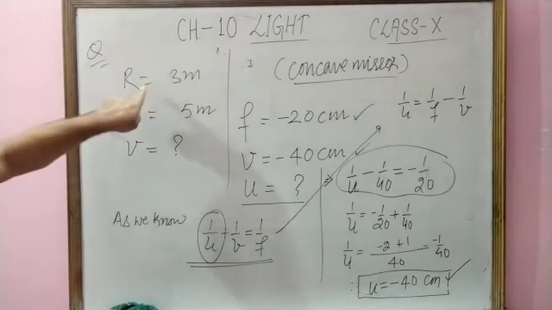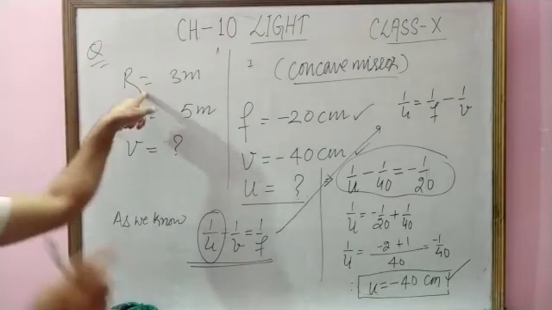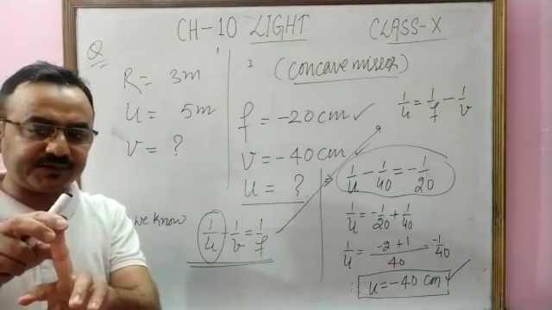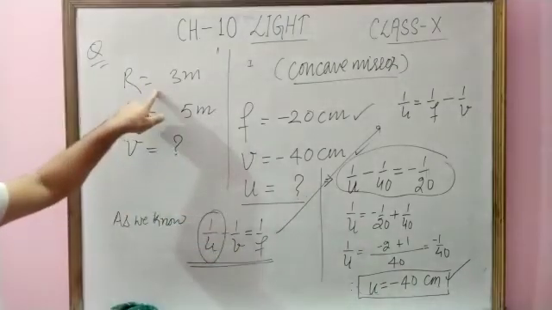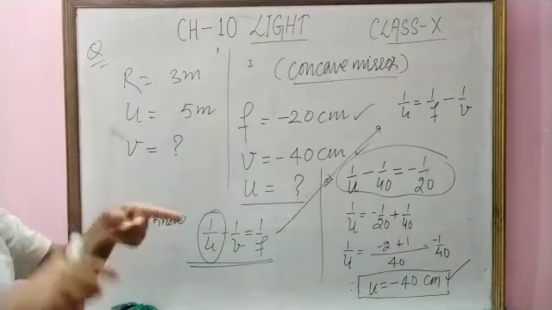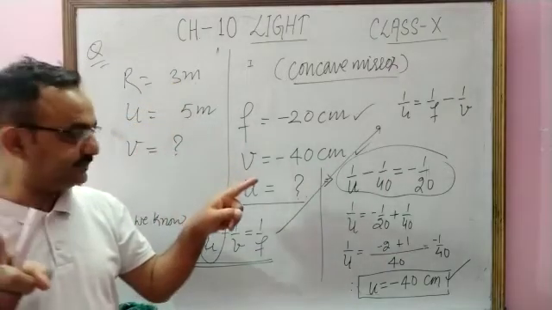See, R is given. We know the relationship between radius of curvature and focal length: small f is equal to R by 2. You will get small f.